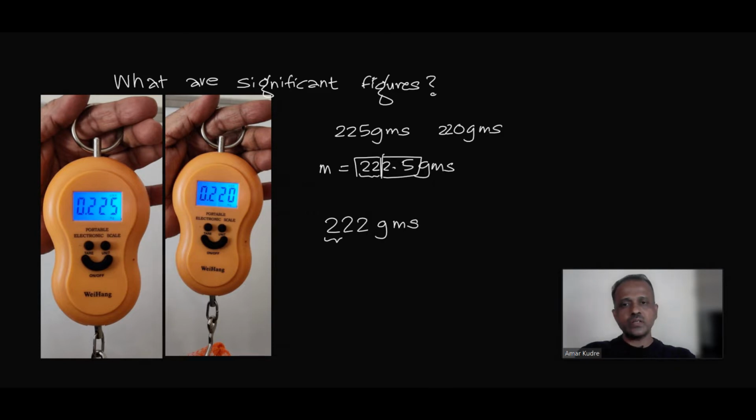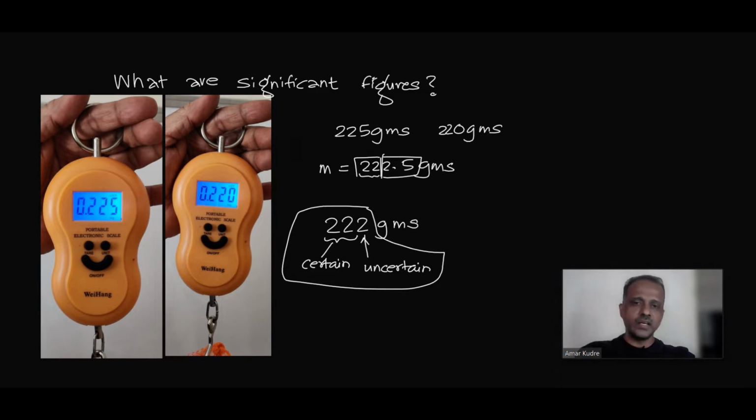The first two digits are certain and the last is uncertain. So all the certain digits and one uncertain digit account for significant figures. As I told you earlier, those are meaningful digits.